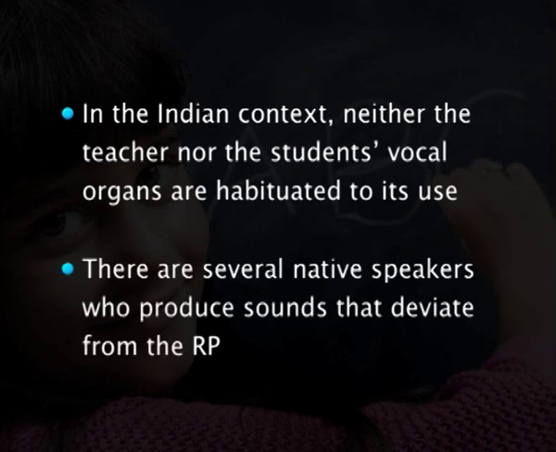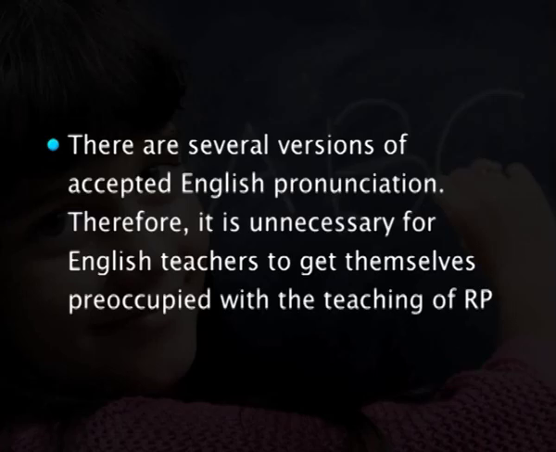There are several native speakers who produce sounds that deviate from the RP. So, native speakers themselves at times might deviate from the exact correct pronunciation. There are several versions of accepted English pronunciation. Therefore, it is unnecessary for the English teachers to get themselves preoccupied with teaching of RP.